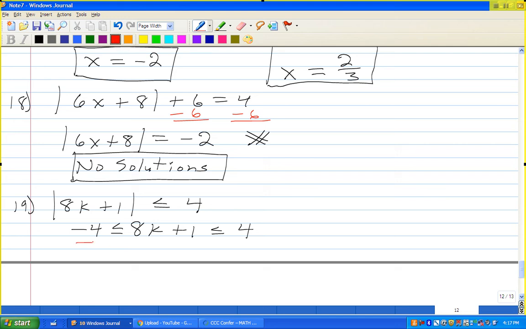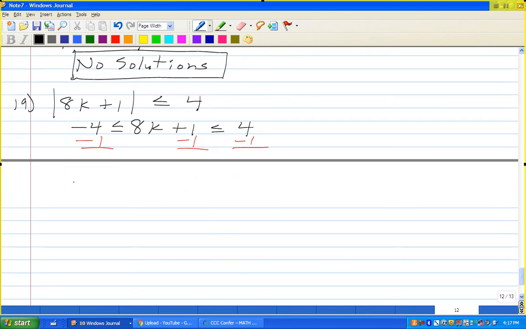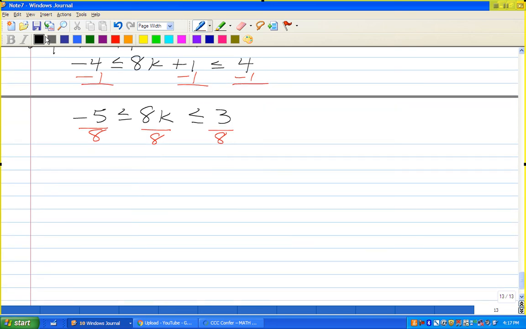Let me subtract 1 from each side of my inequality. And so 8k is between negative 5 and positive 3. Divide each side by 8 to solve for k in the middle. And so k is between negative 5/8 and positive 3/8.